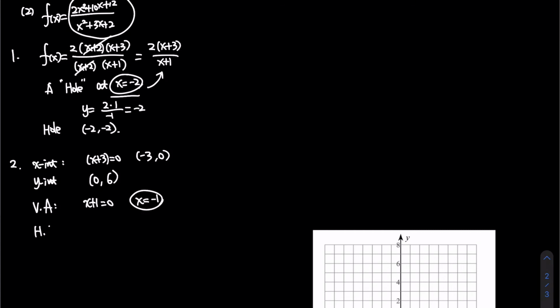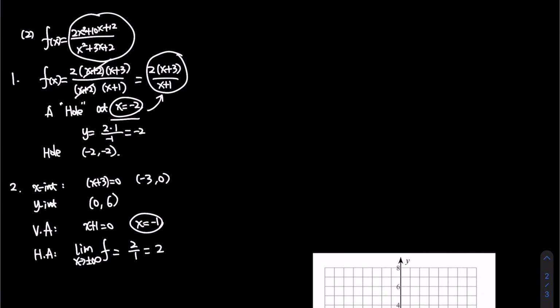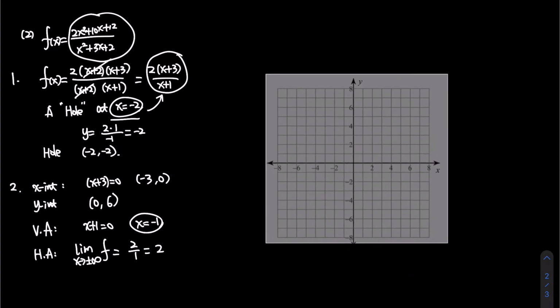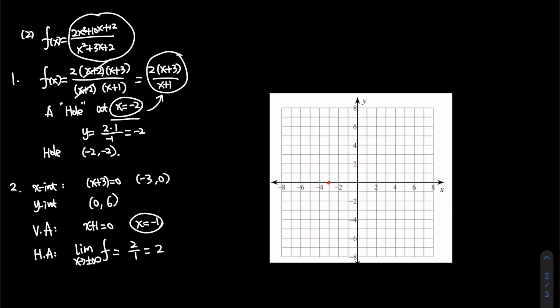The horizontal asymptote, limit as x goes to plus or minus infinity of f, 2 over 1 gives us 2. So before we do the sign analysis, let's put everything on the graph. (-3, 0), (0, 6), x equals negative 1. There's one vertical asymptote. There is a horizontal asymptote, y equals 2.